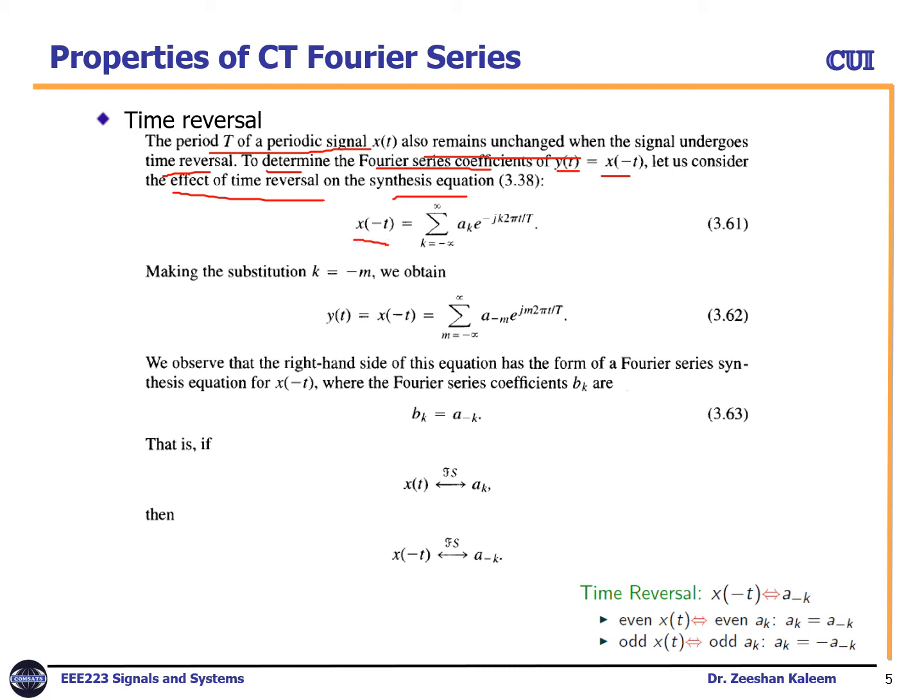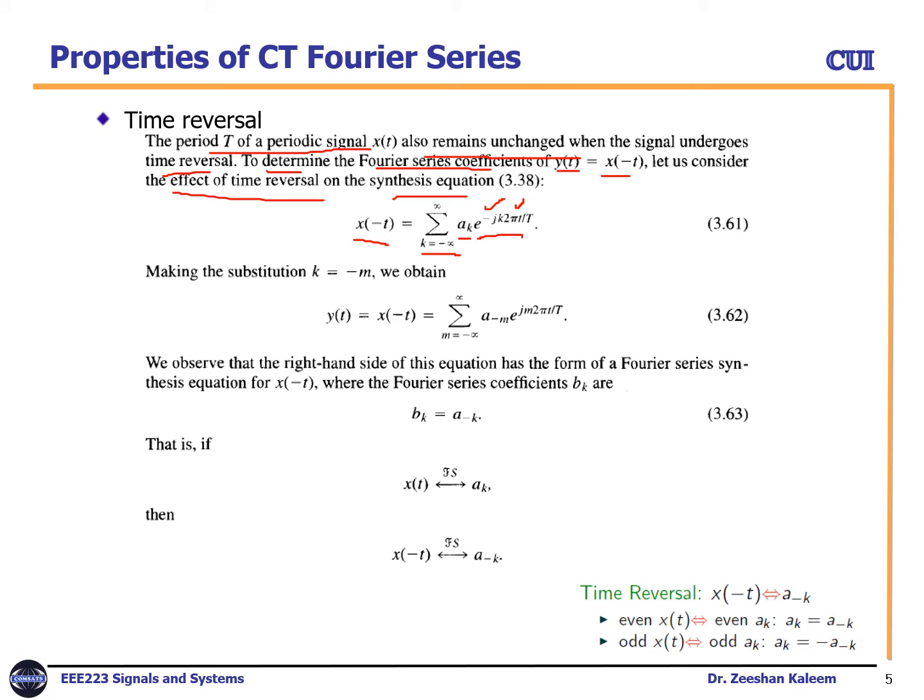So x(-t) equals the sum from k equals minus infinity to infinity of a_k e^(-j 2 pi k t over capital T). Here you have a minus sign because you change the sign of small t with minus t. So by replacing t with minus t, you got a minus sign here.